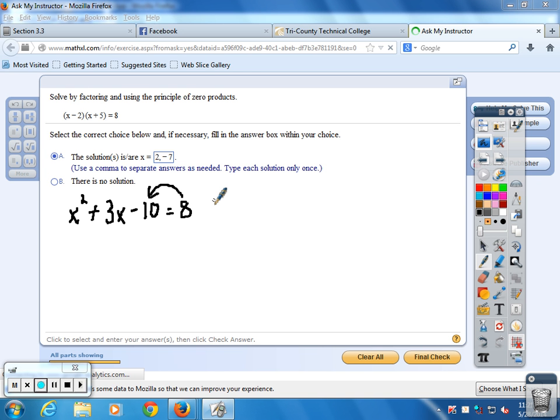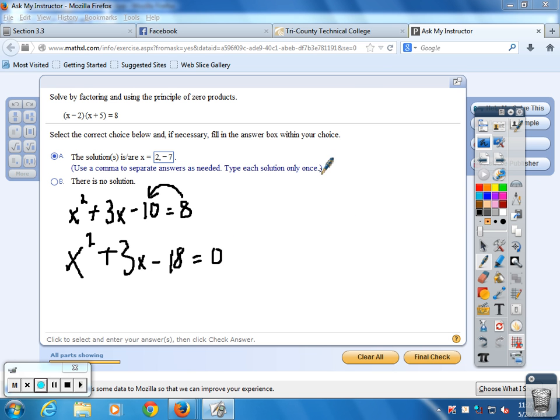Because when you bring it over, it becomes a what? Negative. So x squared plus 3x minus 18 is equal to 0.